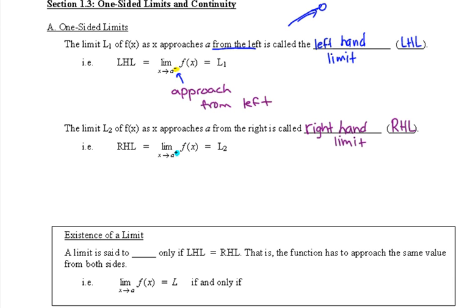Just one-sided. So that little plus means from the right, which makes sense: negative is left, positive is right, just like a number line.